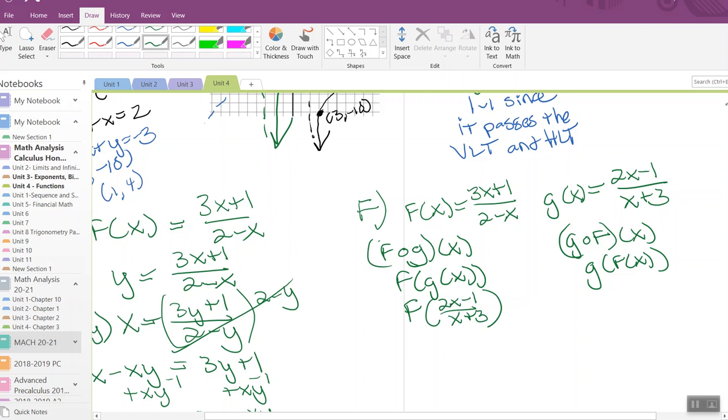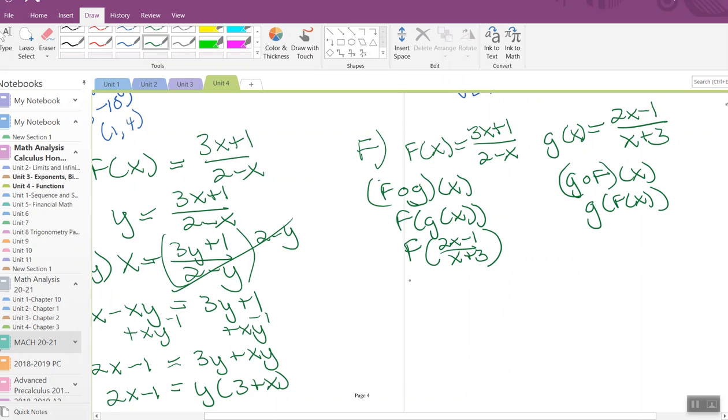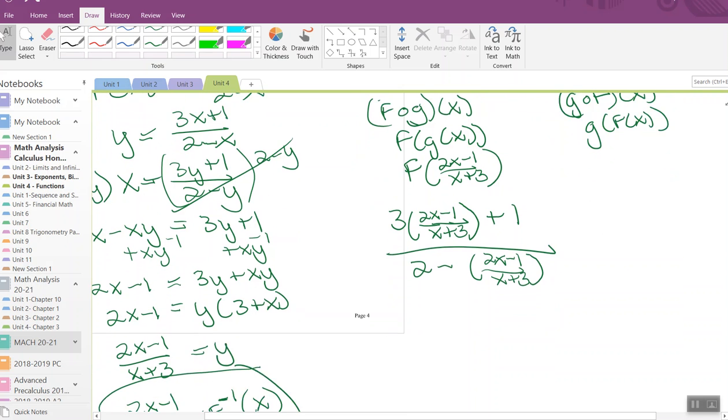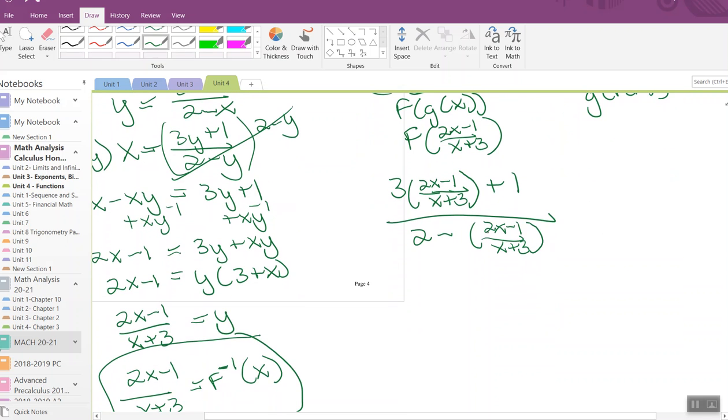That means everywhere there's an x in the f, we go 3 times (2x minus 1) over (x plus 3), plus 1, over 2 minus (2x minus 1) over (x plus 3). Looks kind of ugly, but let's distribute first and then we'll get a common denominator.